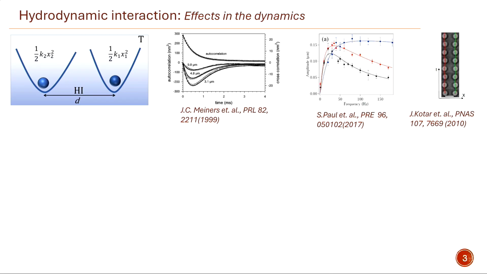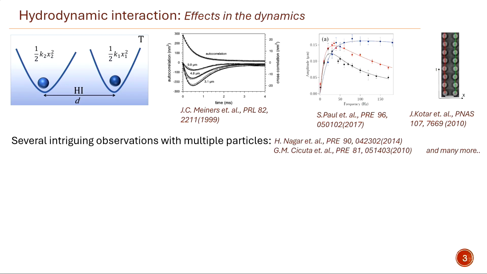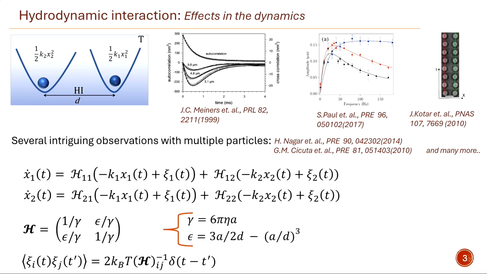Also, it is known that if you move one of them, you can get a resonance-like behavior in the other, you can get synchronization also. There are also some works with multiple such particles, some works also told from Professor Yale's group, and many other observations are done with the hydrodynamic interaction. If you consider just 2 particles connected by hydrodynamic interaction, you can write coupled Langevin dynamics for it.